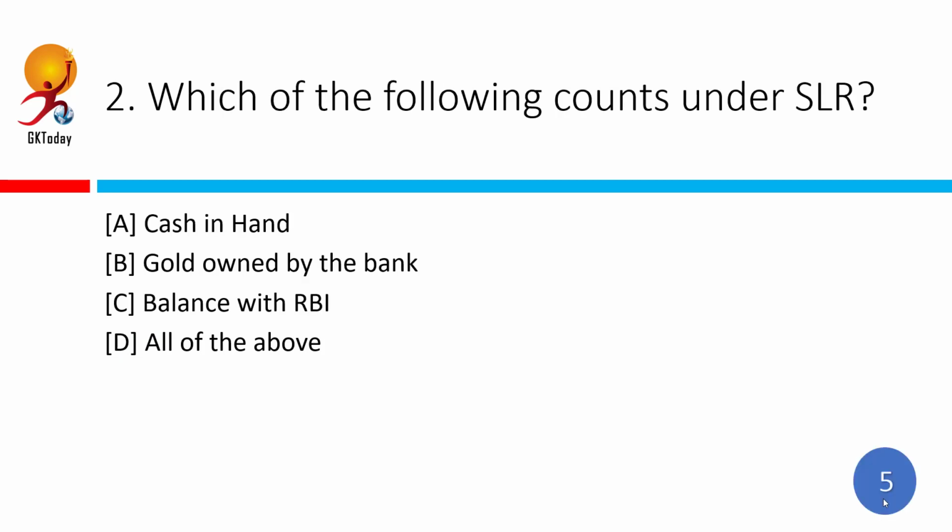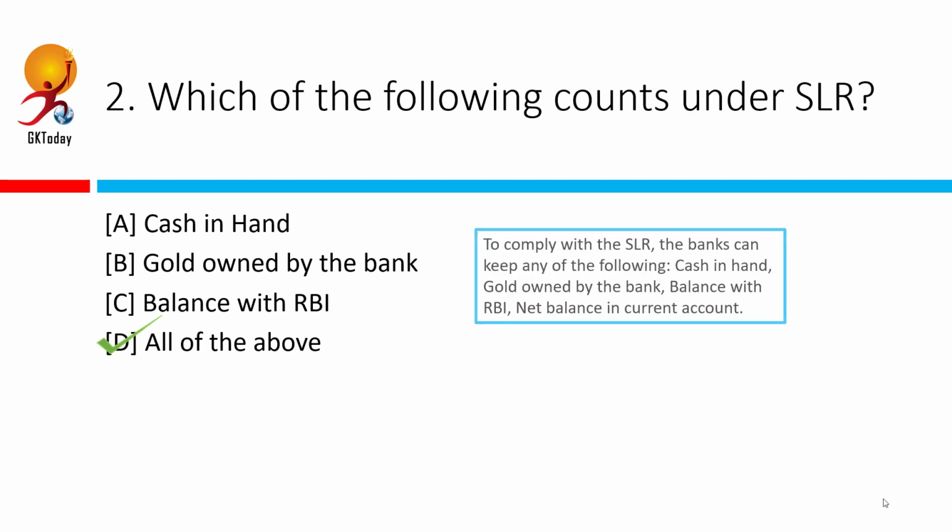Which of the following counts under SLR? So SLR stands for Statutory Liquidity Ratio and the correct answer here is all of the above. The banks and other financial institutions in India have to keep a fraction of their total net time and demand liabilities in the form of liquid assets such as government securities or GSECs, precious metals and other approved securities.